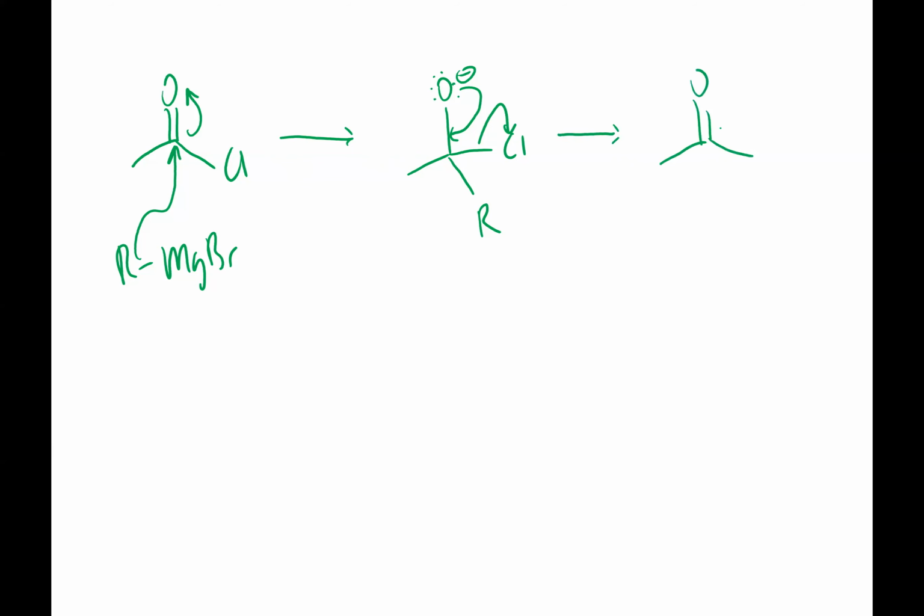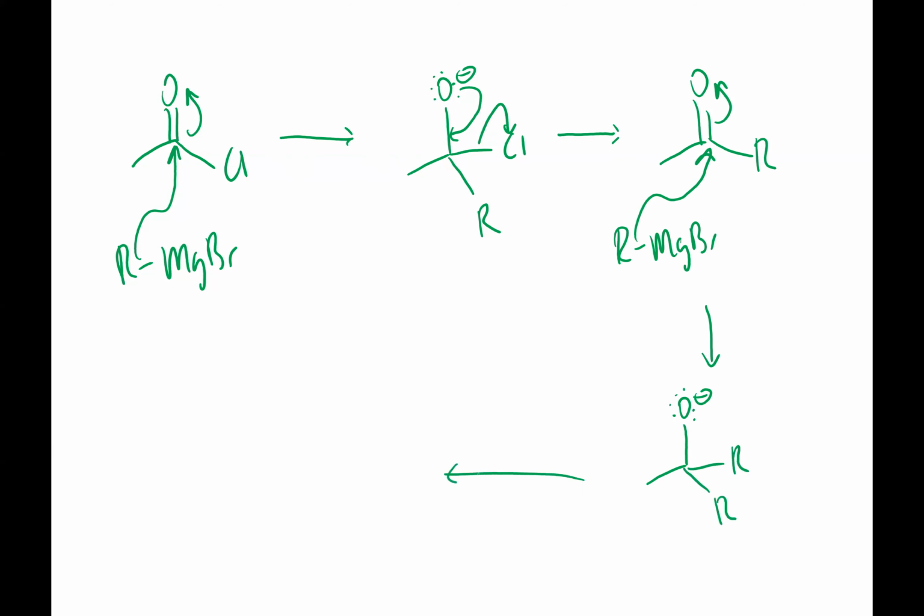And we produce a ketone, and then a second equivalent of the Grignard reacts to give us, initially, of course, the alkoxide, and then with our aqueous workup, we produce a tertiary alcohol. So that's the reaction between the acid chloride and the Grignard reagent.